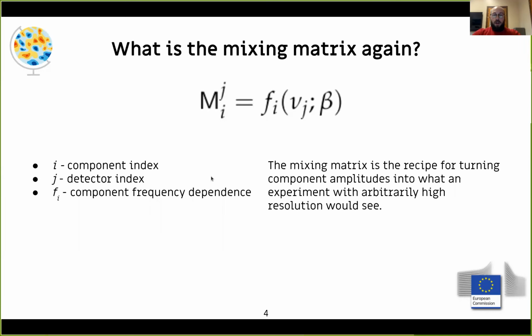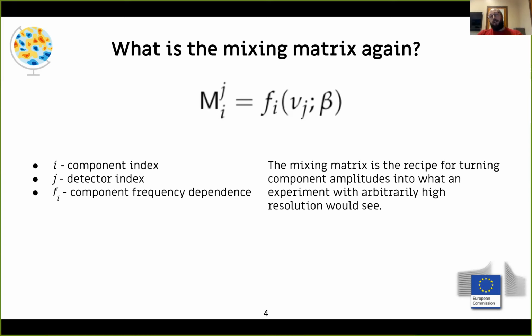I mentioned the mixing matrix a few times, and it's come up a few times in the course, but it's always worth reviewing. I generally think of the mixing matrix as the recipe for turning one SED into what a given detector observes.